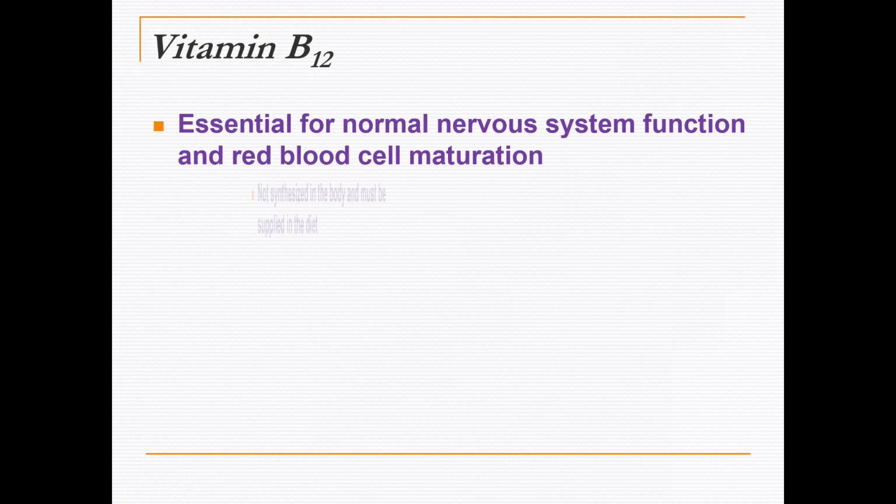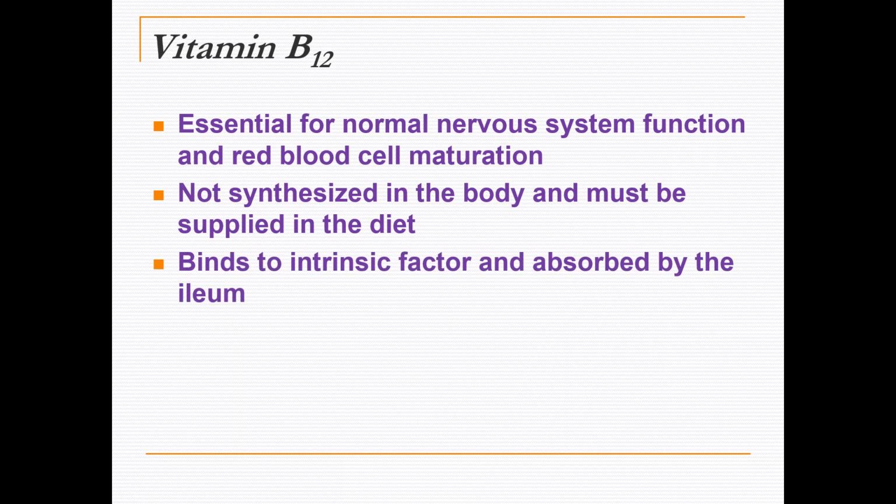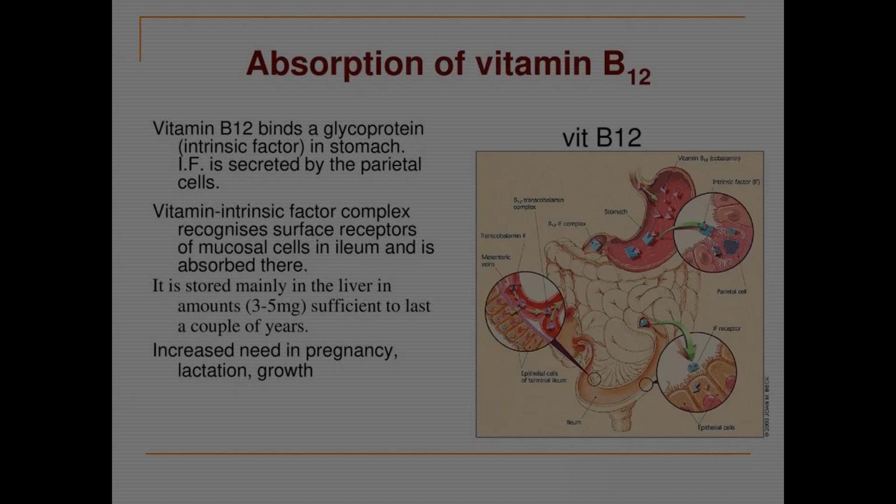Vitamin B12 is essential for normal nervous system function and red blood cell maturation. It is not synthesized in the body and must be supplied in the diet. When it comes in our diet, it first binds to the intrinsic factor and is absorbed in the ileum. Intrinsic factor is a protein secreted by the cells in the stomach.